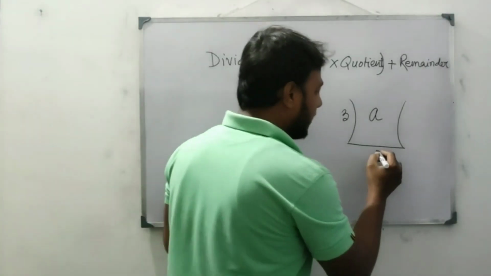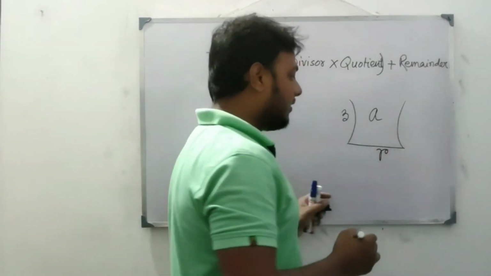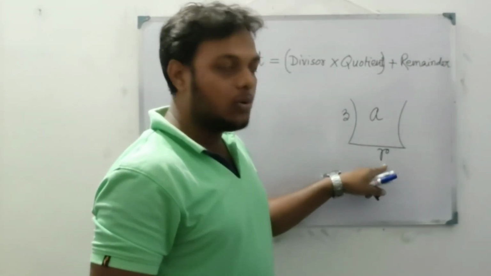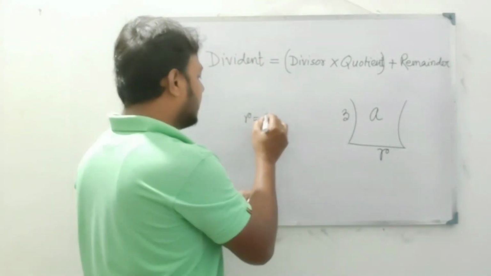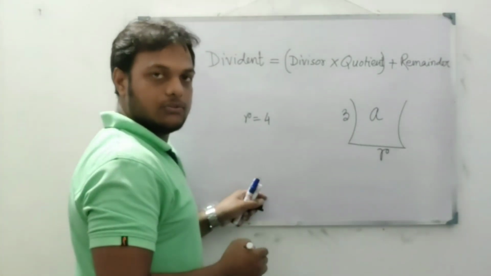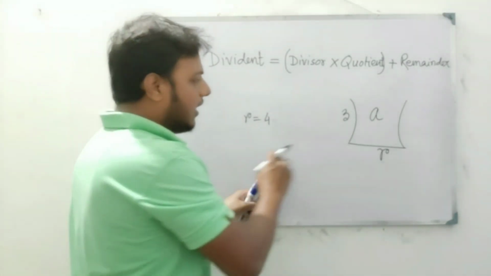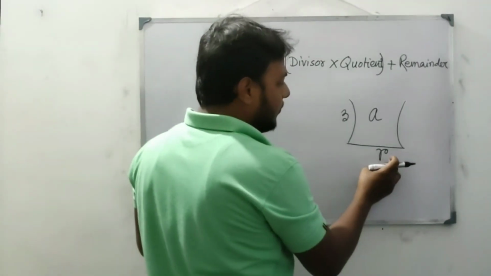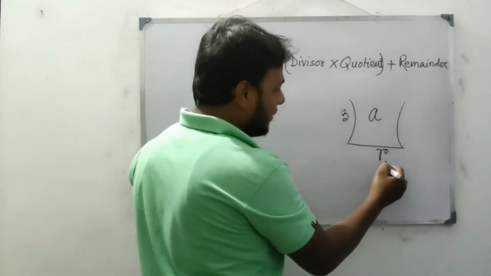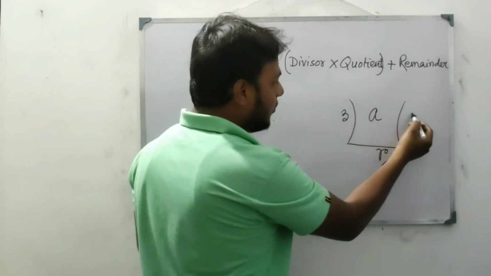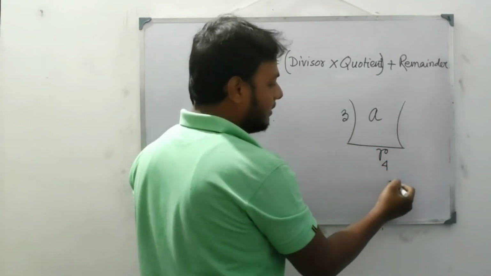If we take r as the remainder, is there any possibility that r will be 4? R equals 4. Is there any possibility that r can take the value of 4? No. If r is 4, then 4 can't be a remainder. Why? Since if we take this as 4, then we can divide one more time by 3. 3 ones are 3.